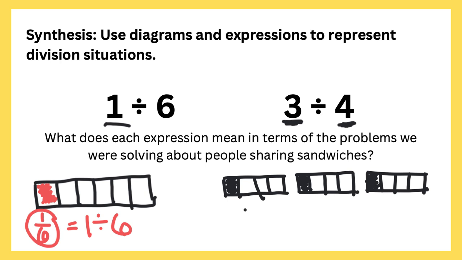So this expression, I'm doing the same thing I did last time. I want the expression first. So 3 divided by 4 is going to be 3/4. So each person's going to get 1/4, 2/4, 3/4 of the sandwich.